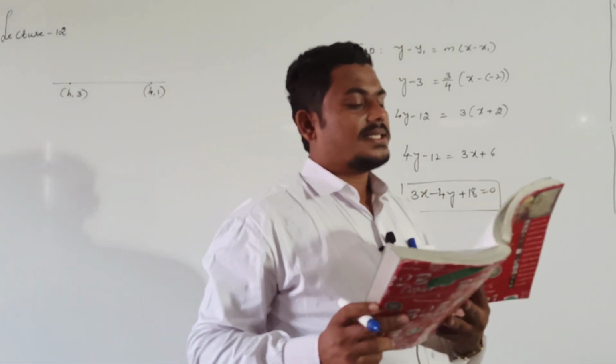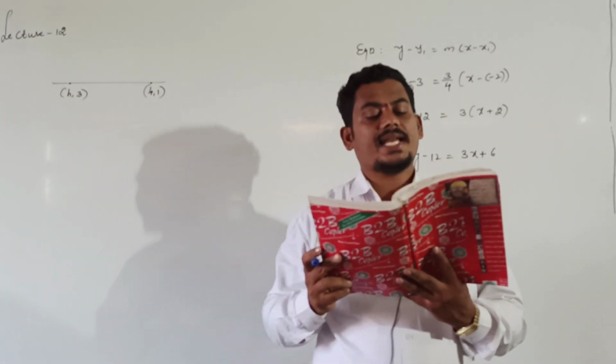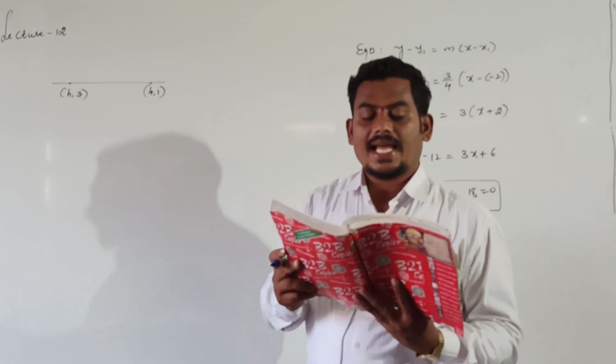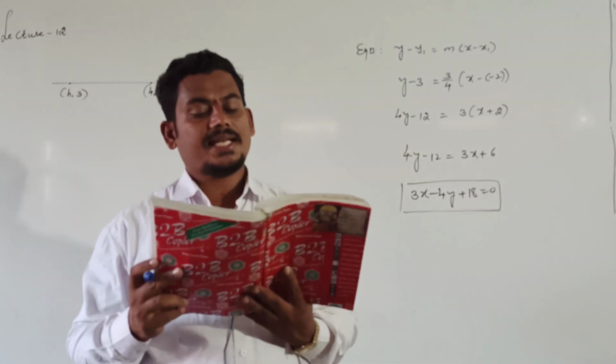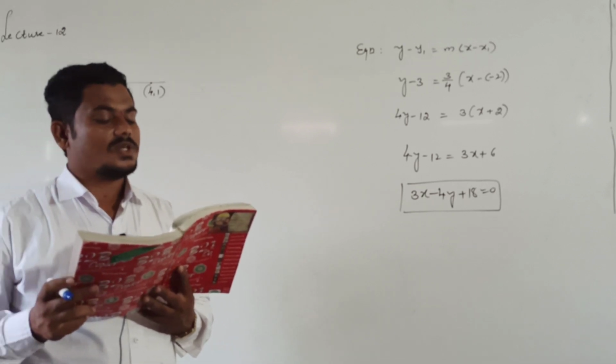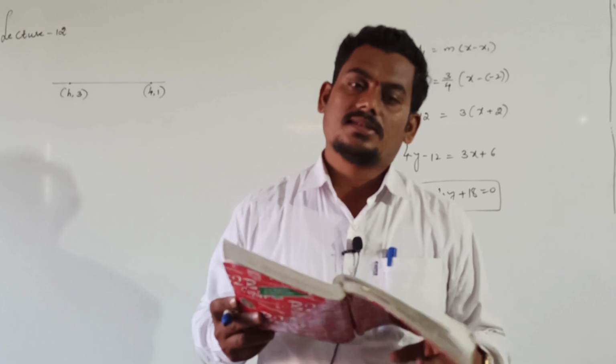The line through the points h comma 3 and 4 comma 1 intersects the line 7x minus 9y minus 19 equal to 0 at right angle. Then find h.